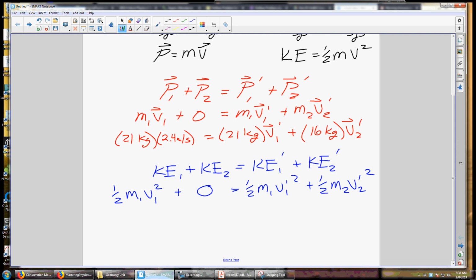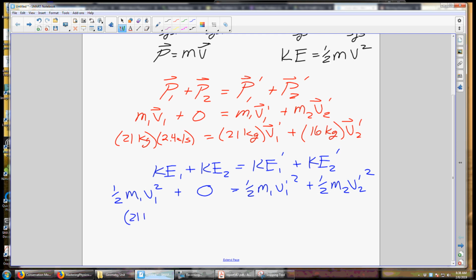Can I simplify that at all? Is there anything in every term that maybe I could get rid of? The 1/2, right? Oh, sorry. We can put a 1/2 in front of the 0. You said mass? Yeah, but there's different masses. So I can simplify this and then substitute in.